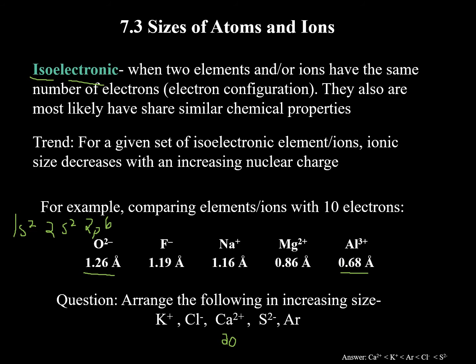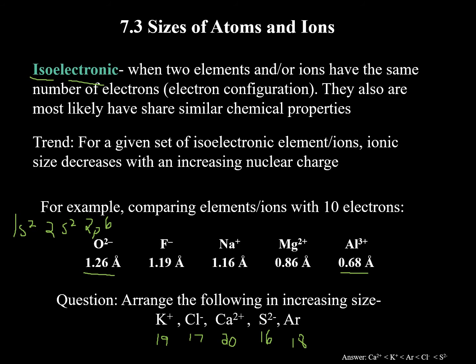S2 minus has 16 protons. Potassium has 19 protons. In this case, chloride has 17 protons. And argon has 18 protons.